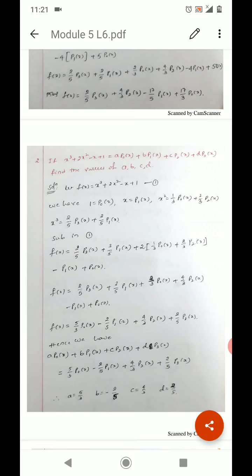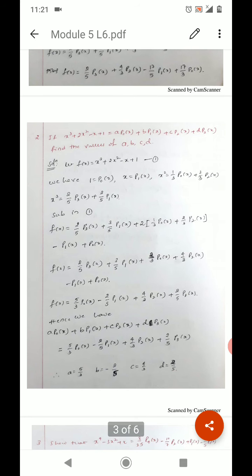So by data we have a into P0 of x plus b into P1 of x plus c into P2 of x plus d into P3 of x, and also the value of x cube plus 2x square minus x plus 1 in terms of Legendre's polynomial, that is 5 by 3 P0 of x minus 2 by 5 P1 of x plus 4 by 3 P2 of x plus 2 by 5 P3 of x.